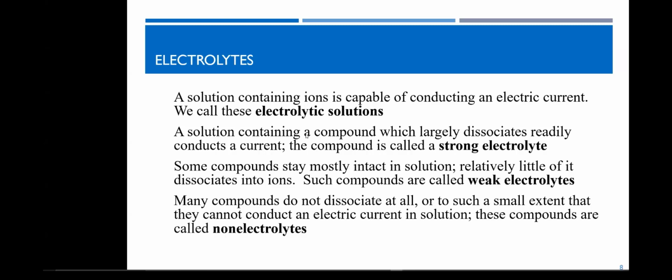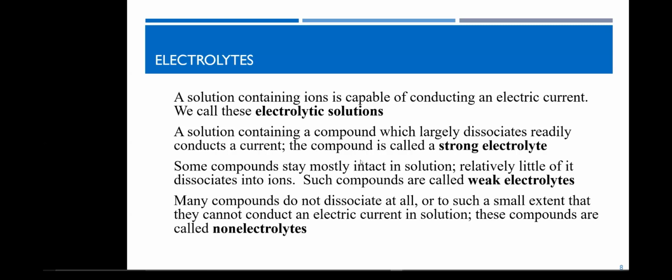A solution which is able to dissociate a lot and make a lot of ions, any solution with a relatively large concentration of ions, is a strong electrolyte solution. Anything with essentially no ions is a non-electrolyte solution. I think those are easy to understand. Strong electrolyte, lots of ions in the solution. Non-electrolyte, essentially no ions.